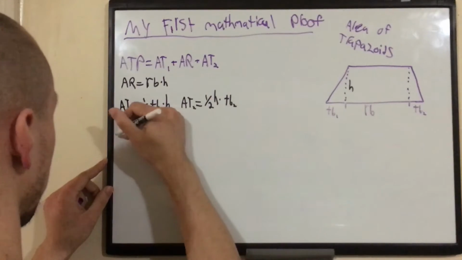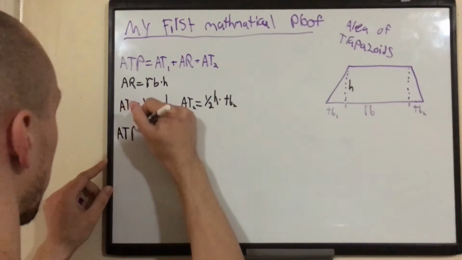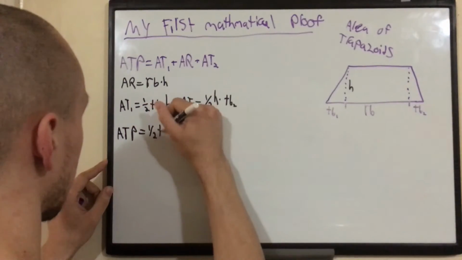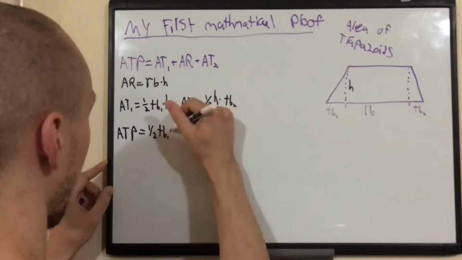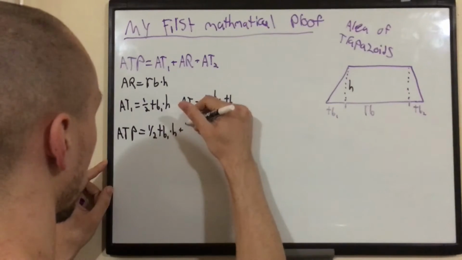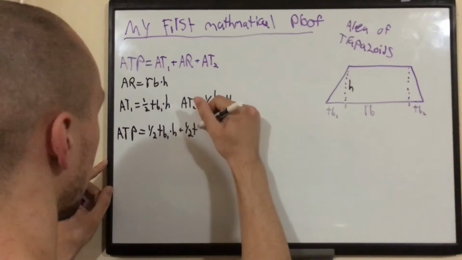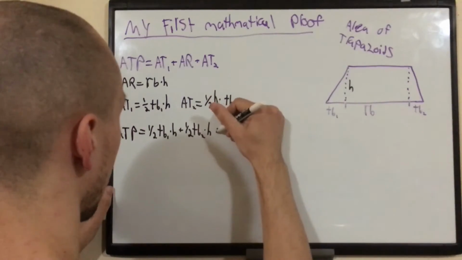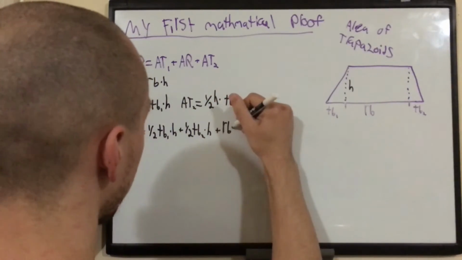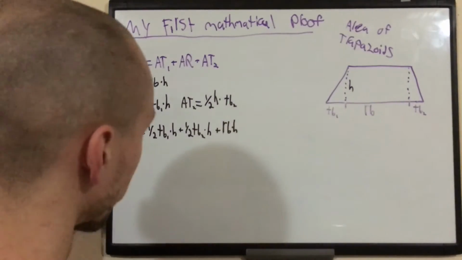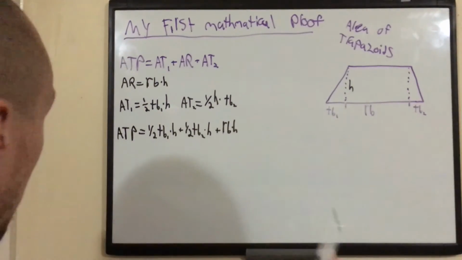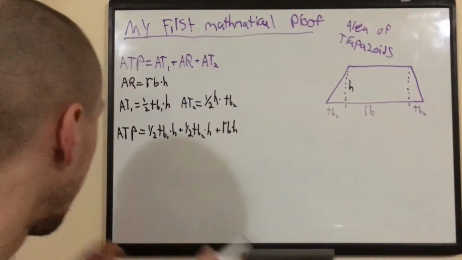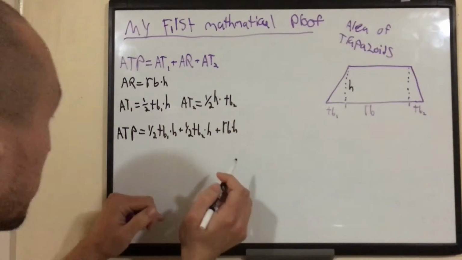So I guess we'll add them all up here. Why not? So I'm going to say ATP equals 1/2 TB1 times H plus 1/2 TB2 times H plus RB times H. One of the things I'm noticing right away is all these H's are the same, right?